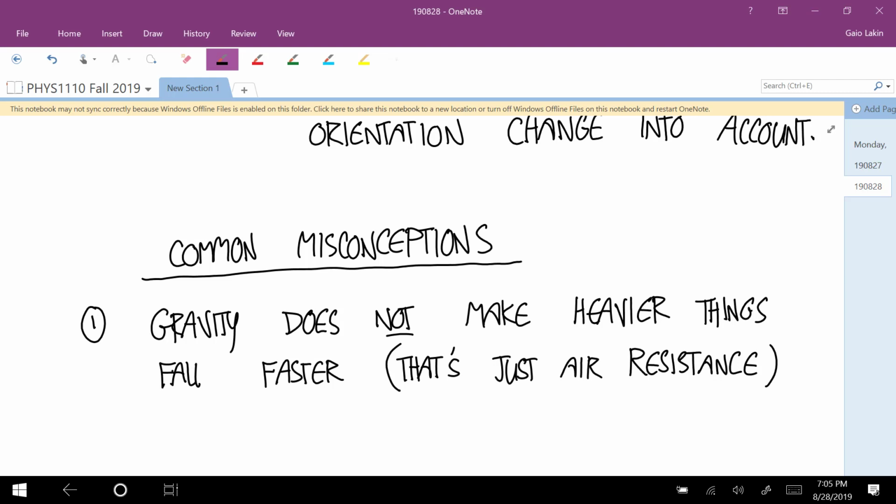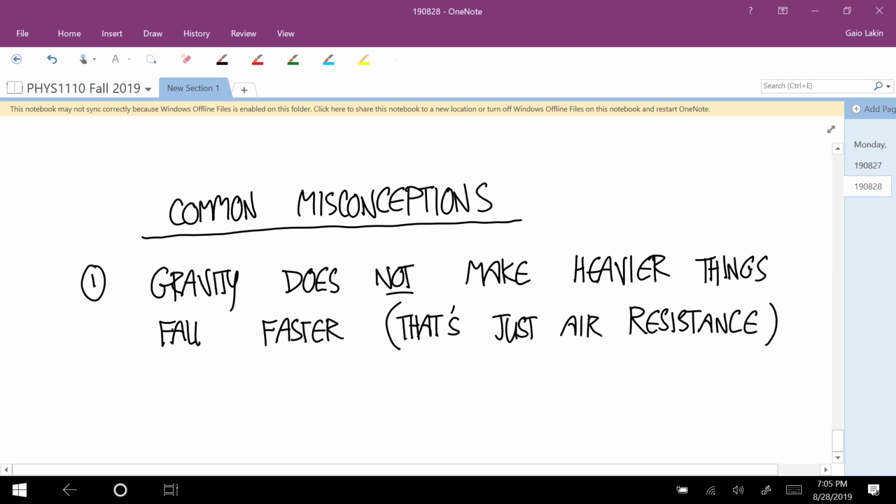Okay, so gravity does not make heavier things fall faster. That's pretty easy to see if you imagine a 200-pound person falling out of an airplane with a parachute on, versus a small half-pound lead ball being dropped out of the airplane.